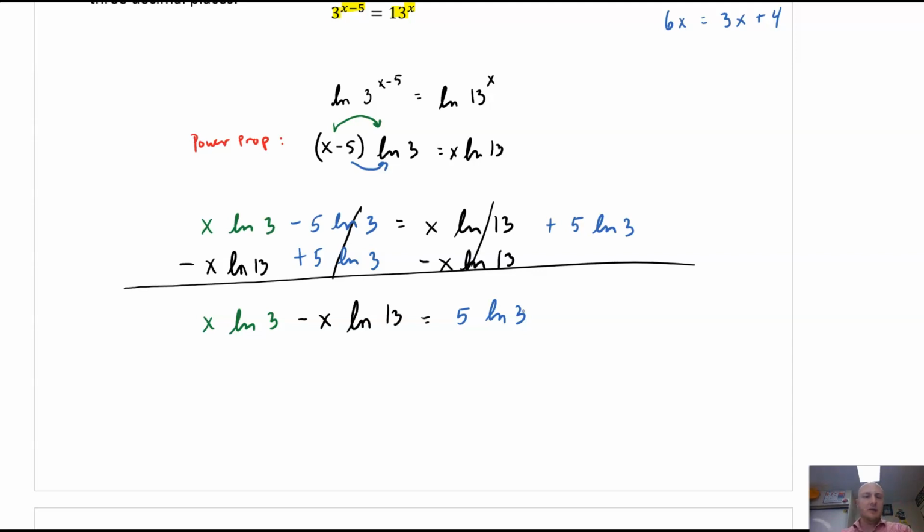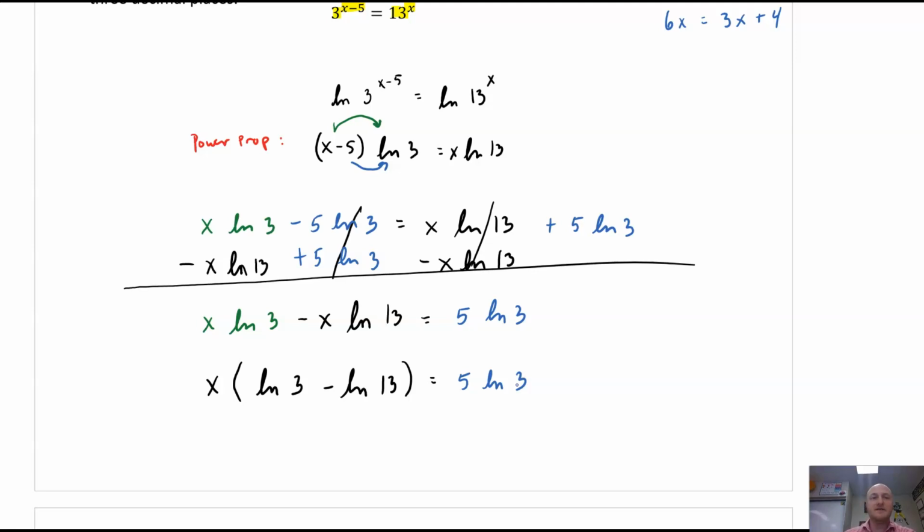Okay, so at this point, you're like, okay, I have my x's on one side. How do I go ahead and isolate the x? I can't combine, I can't subtract those logarithms. What you're going to do is you're going to factor. I'm going to factor out the x. So I get x times natural log of 3 minus natural log of 13. Okay, and now I can isolate my x.